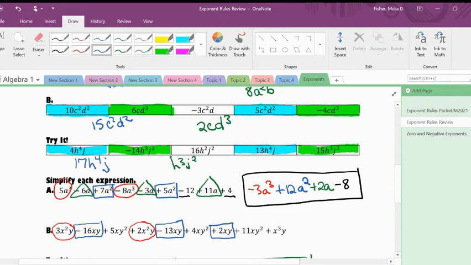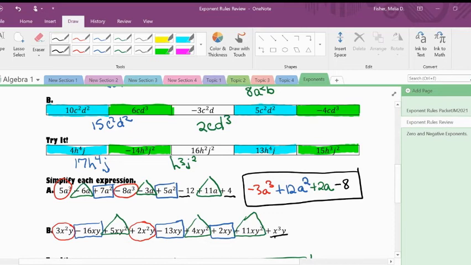This one has an xy. Xy squared of this one, and an xy squared, and another xy squared. And then we have this lone x cubed y that didn't match with anything.